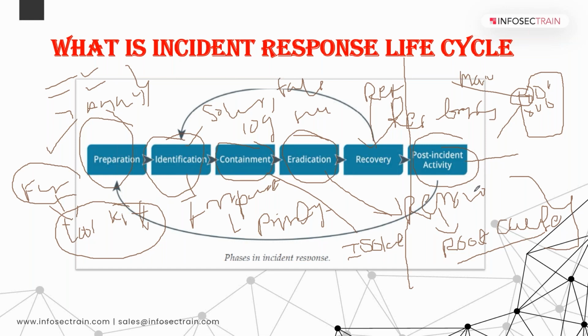So that is what we call lessons learned. Ensuring the cause of the problem was solved is in the recovery phase. In the post incident phase, in order to avoid the same kind of incidents in the future, we will be updating the incident response plans with the information we have received.